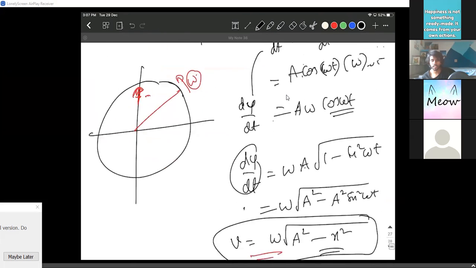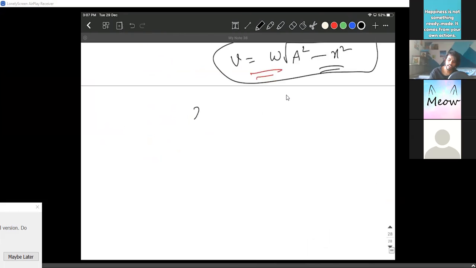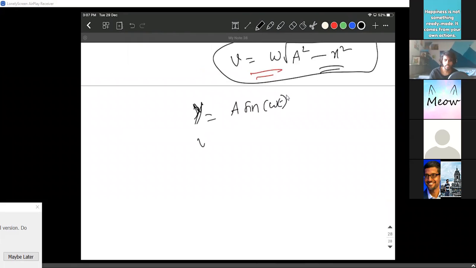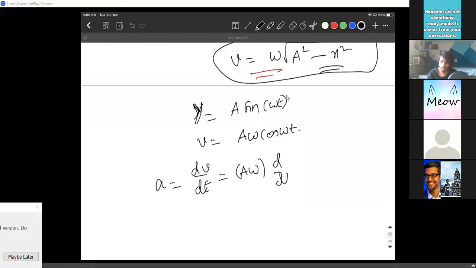Let me get to this point. We have y equals a sine omega t, which is very simple. v equals a omega cos omega t, which is also very simple. I want acceleration, so I differentiate this again, dv by dt. A omega is a constant. I have to differentiate only the cos omega t part.